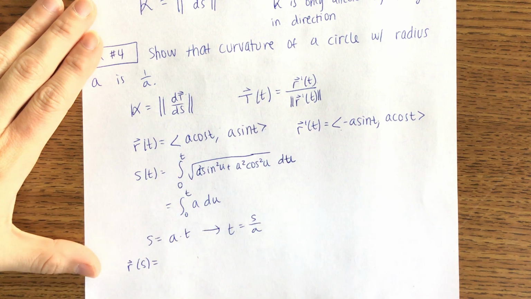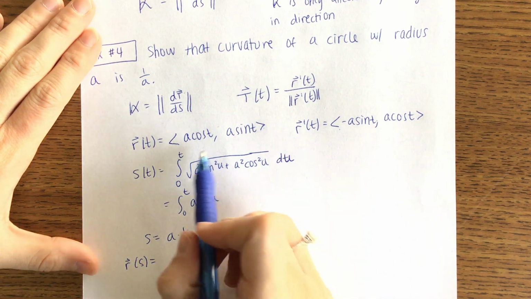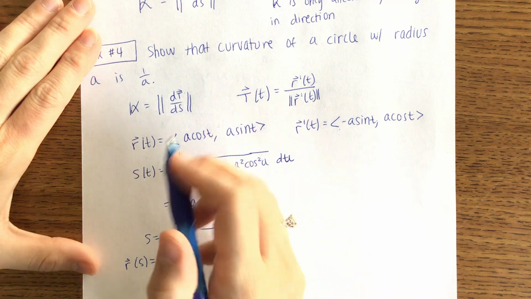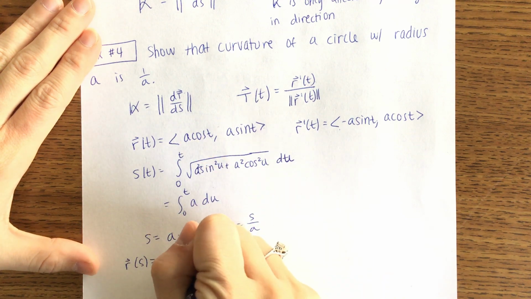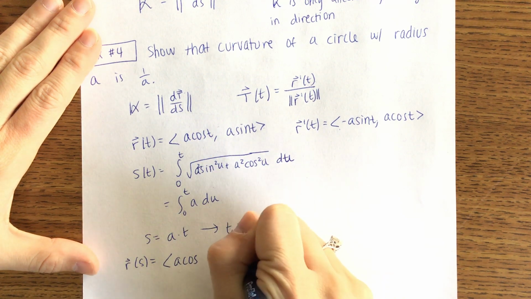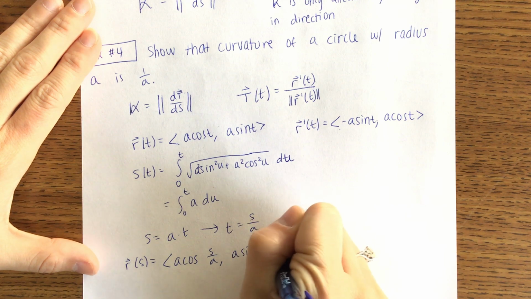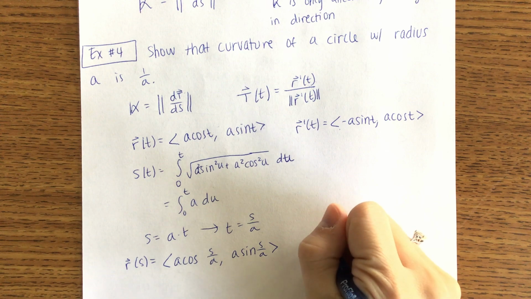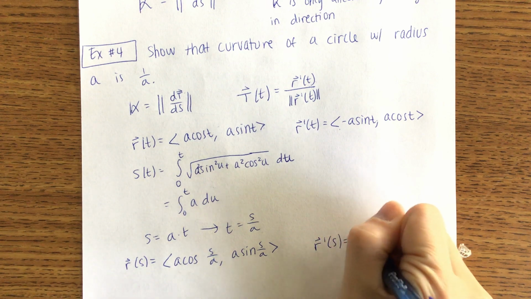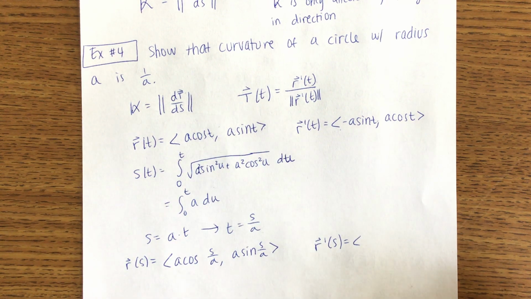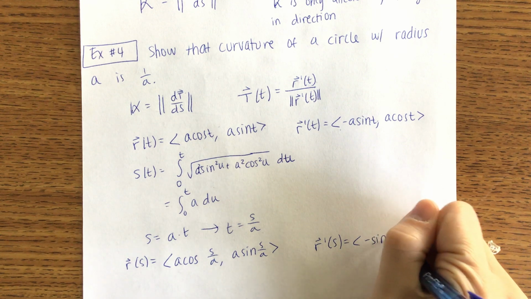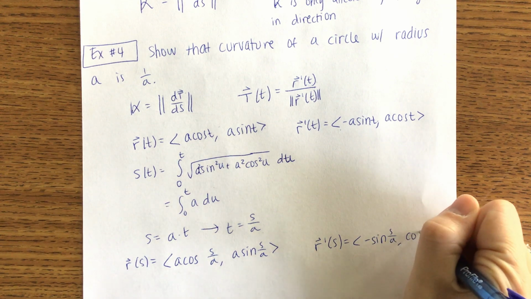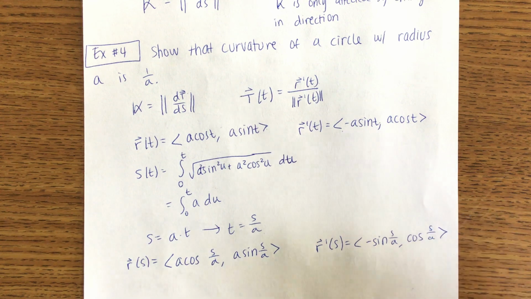So r of s then, taking this, substituting in for t, is going to be a cosine of s over a, comma a sine of s over a. Now, if we take the derivative, we're going to get negative sine of s over a, comma cosine of s over a.